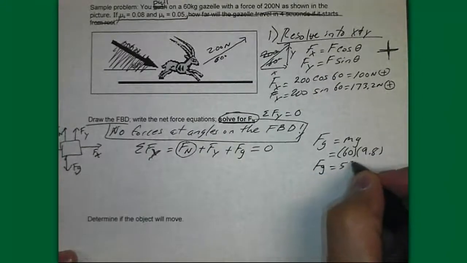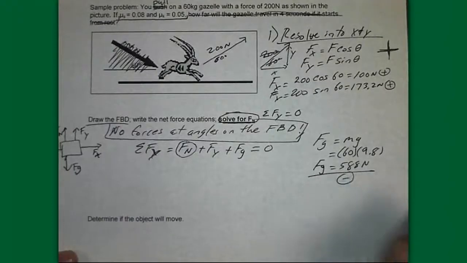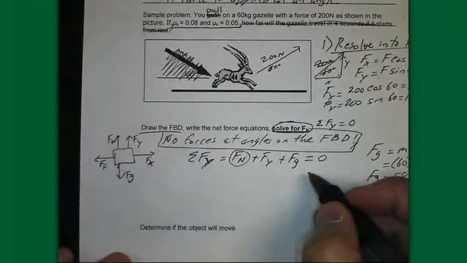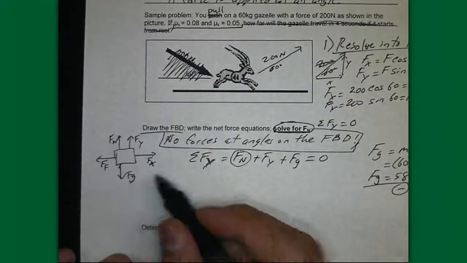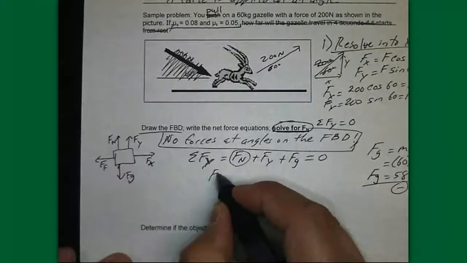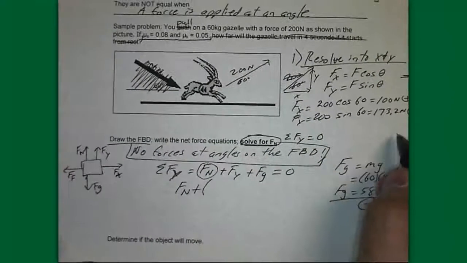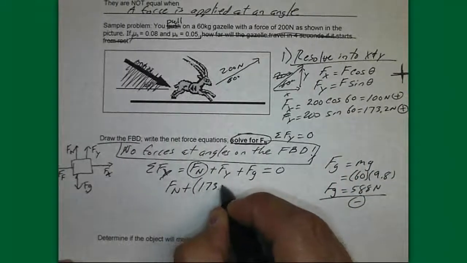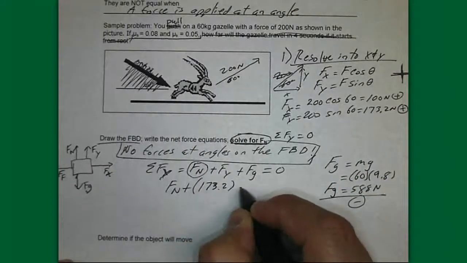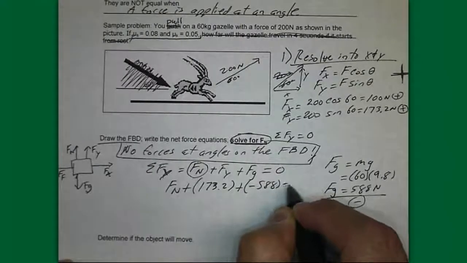So the force of gravity is 588 newtons, and that will be negative when we put it into the equation because the force of gravity goes down, so it should be negative. Normal force plus the y force, which is 173.2, positive, plus the force of gravity, negative 588.